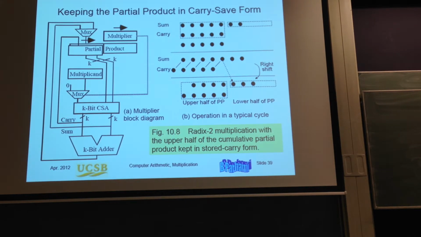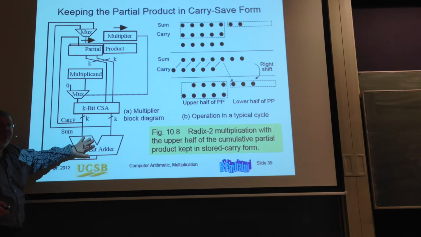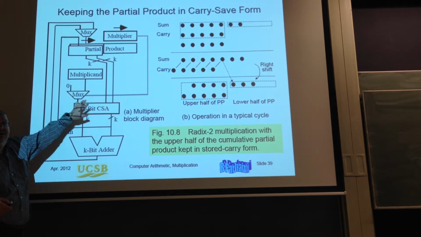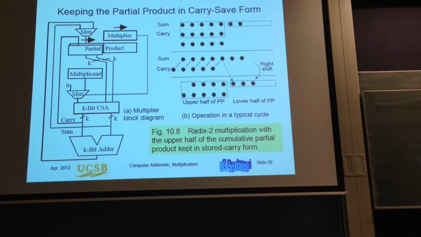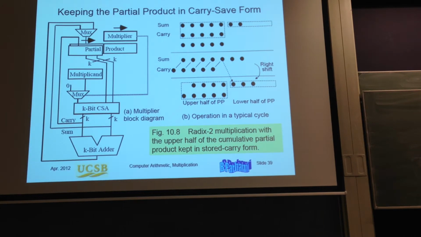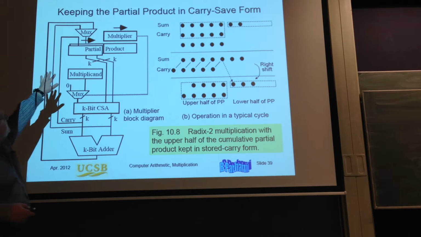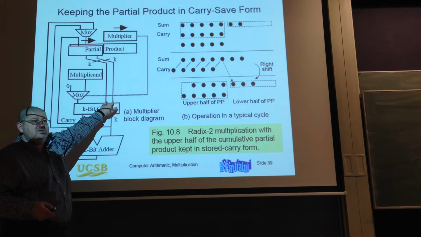That's depending on the radix. However, instead of doing at each and every cycle a normal propagate addition, I will do a carry save addition. Then I am keeping the partial product as two numbers. That's whatever is here in those two numbers.